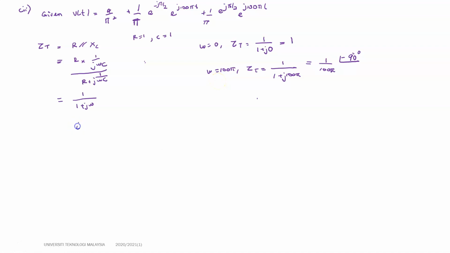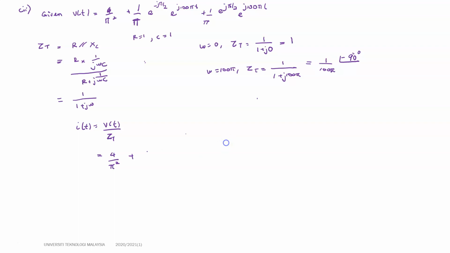So you can just put IT is equal to VT divided by ZT. VT we have here 4 over pi squared for omega equal to 0, so divided by 1 is still 4 over pi squared. And then we have this one, which you divide by ZT when omega is equal to 100 pi.